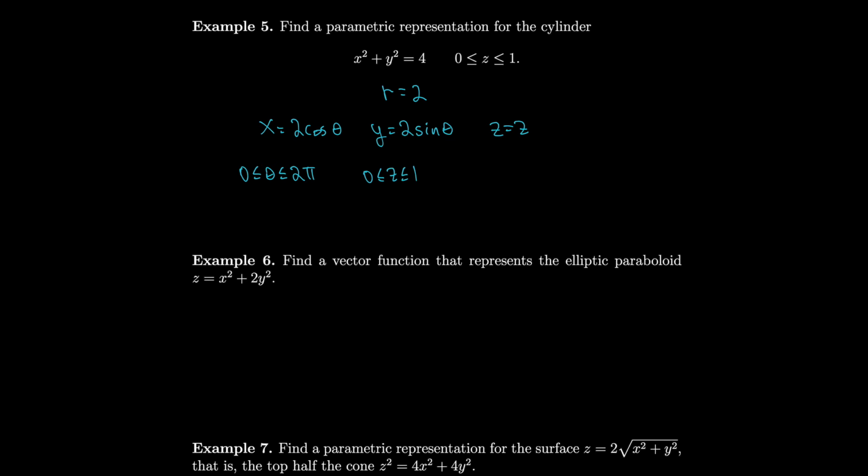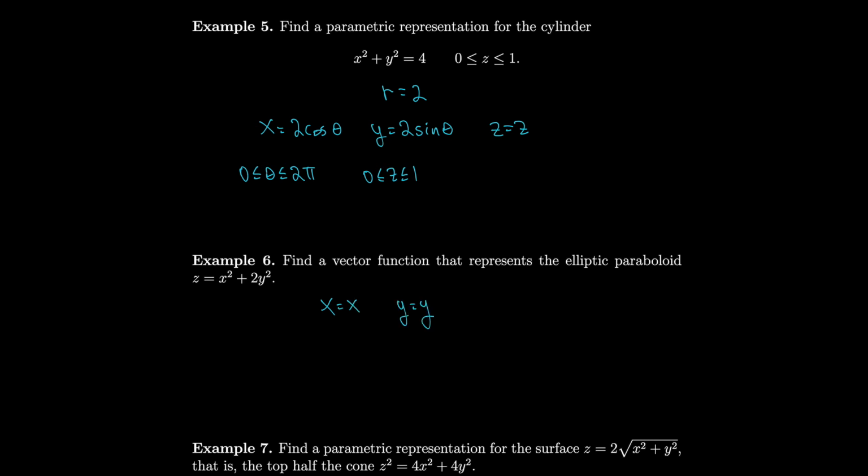How about a vector function that represents the elliptic paraboloid z equals x squared plus 2y squared? Well, in this case, we have z already written as a function of x and y. So we already have two parameters given to us. We can just set x equals x and y equal to y.